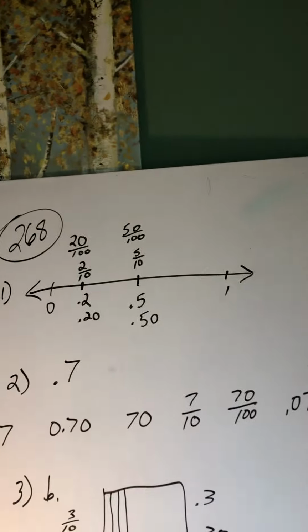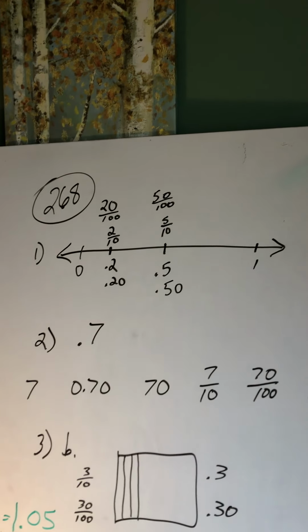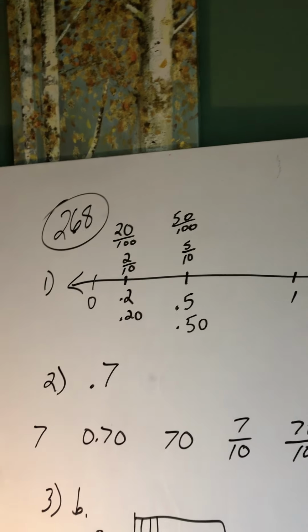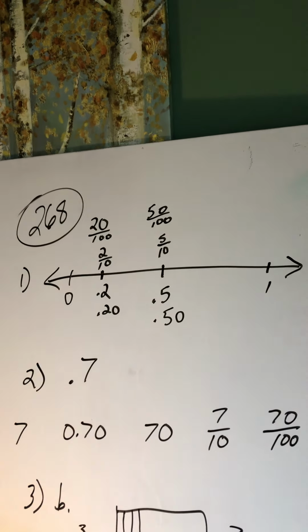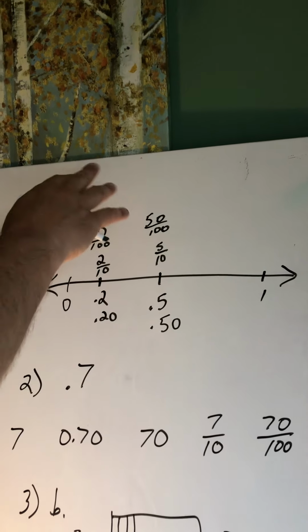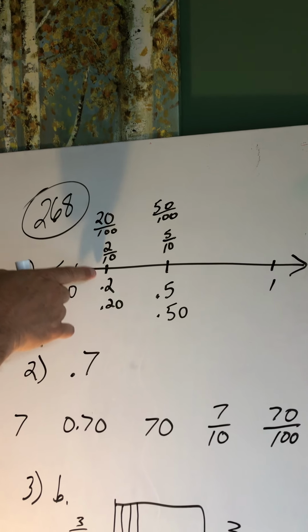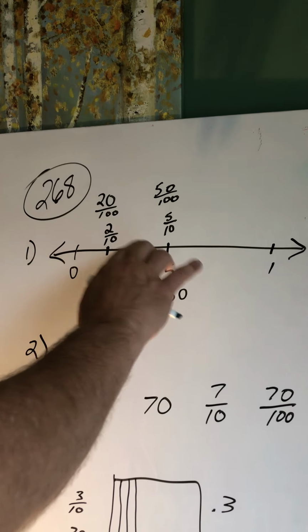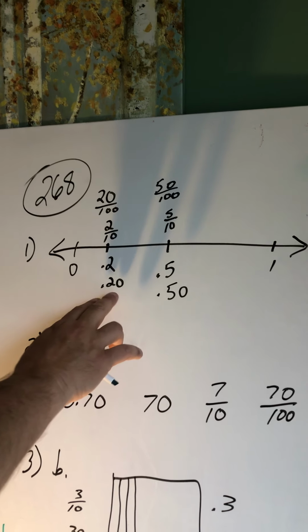Okay. Thank you. Yep. So, let's talk about pages in the book. 268, number 1. I just went over this. They'll show you, all of these are equivalent. So we got 2/10, so this is 0 to 1, just like I did over here.